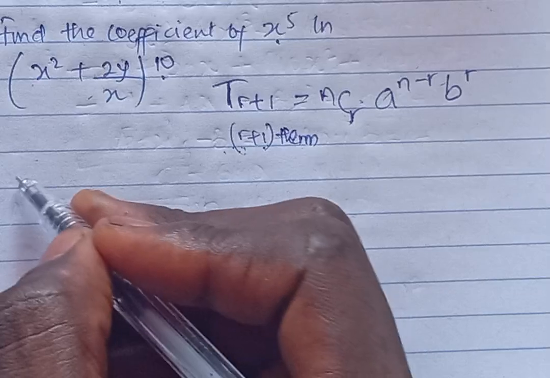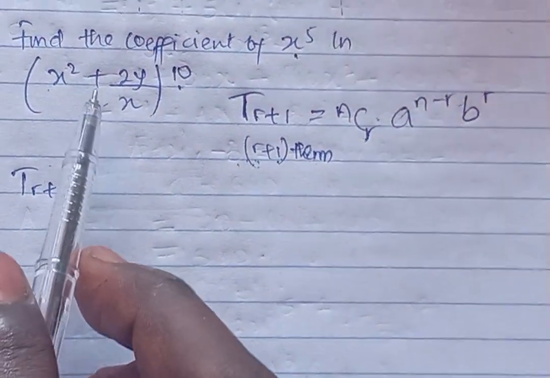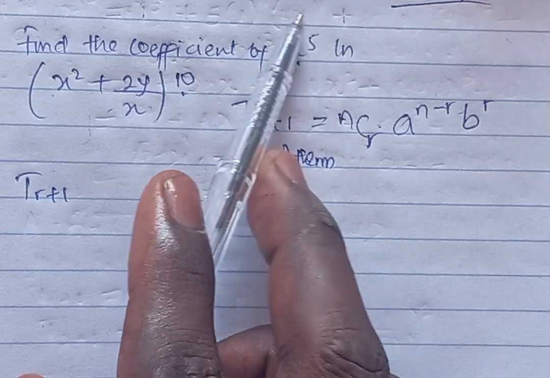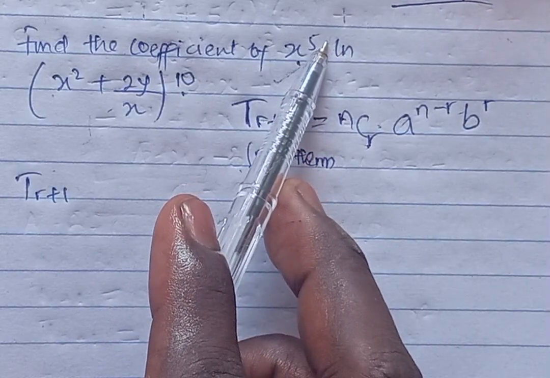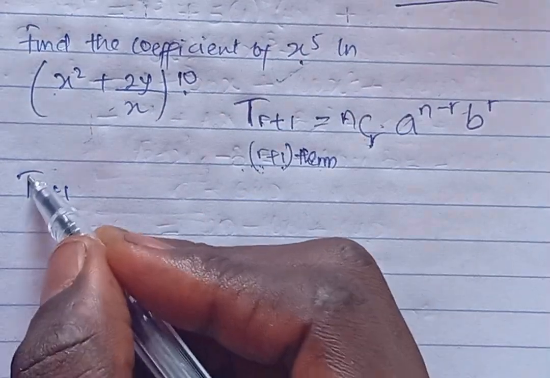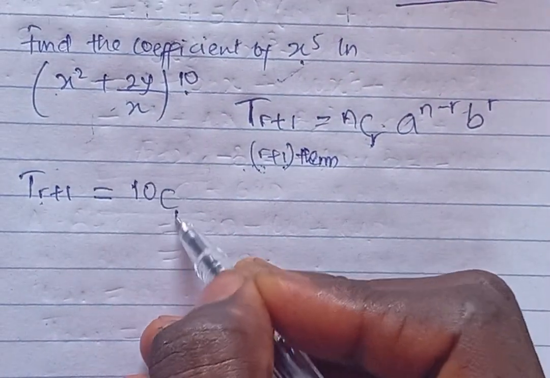So how are you going to do it? You are going to find your r first, because they did not specify which term has x raised to power 5. So it means you have to find your r before you can solve anything. So T of r plus 1 is equal to, your n is 10, combination r.